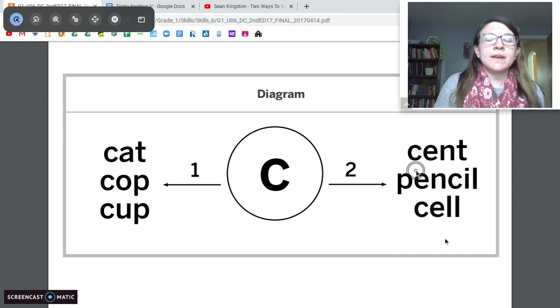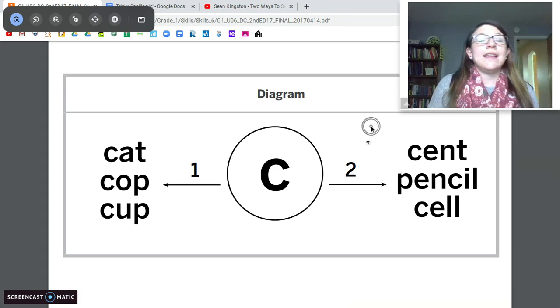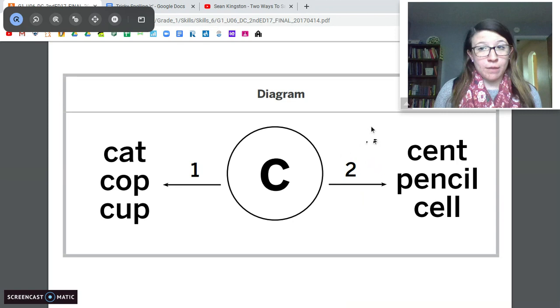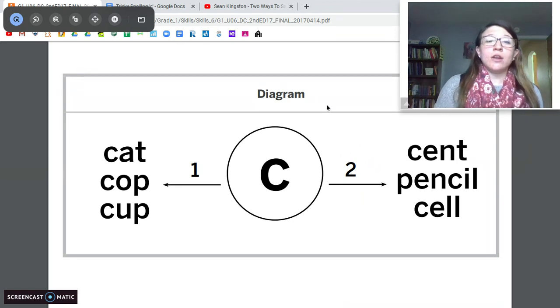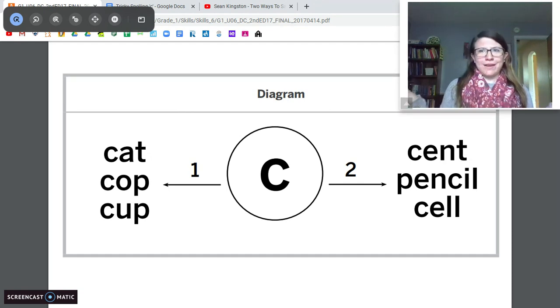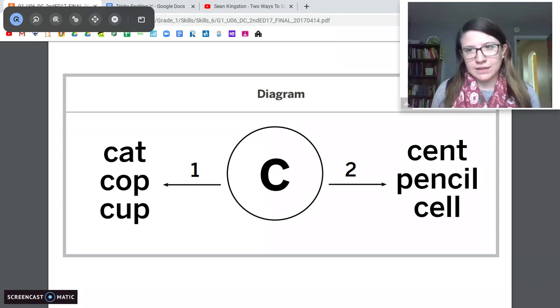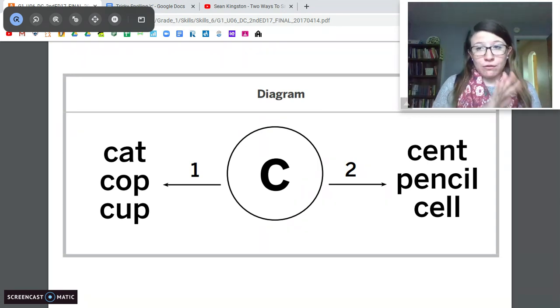Okay, do it one more time. Scent, pencil, cell. In these words, the C is making the S sound. The reason the 2 is over here is because this one is less common. When you are reading, try the C with the K sound first. If the word doesn't work, it makes a silly word and you're like, what is this word? Try it with the S sound. Try the K sound first.